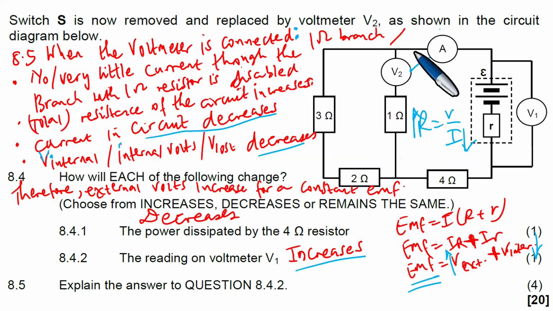This V2 is blocking all the current because it's a very high resistance voltmeter. So the total resistance of the circuit increases. We did an example with maybe 2 ohms to show that the total resistance is going to increase.